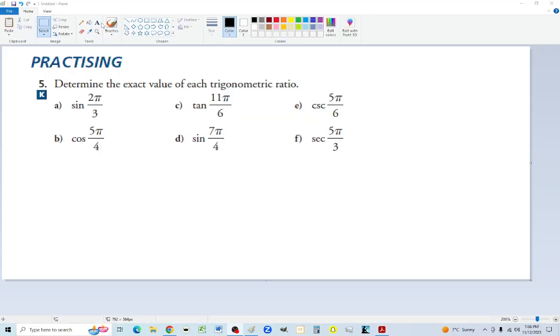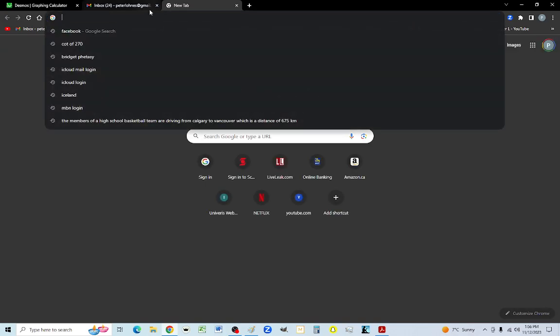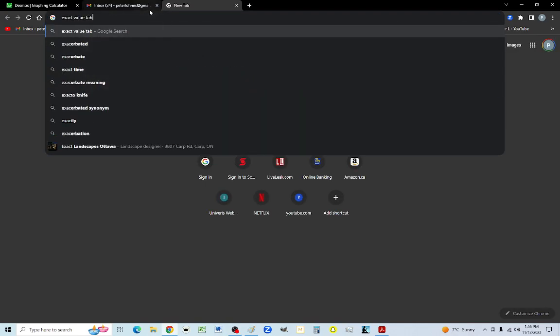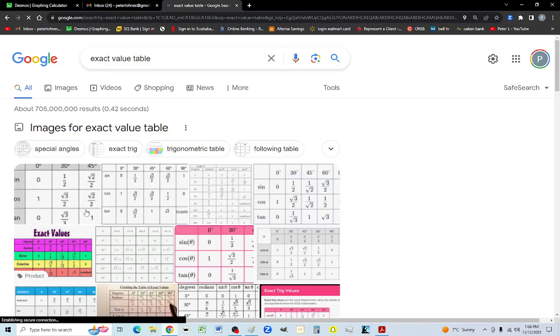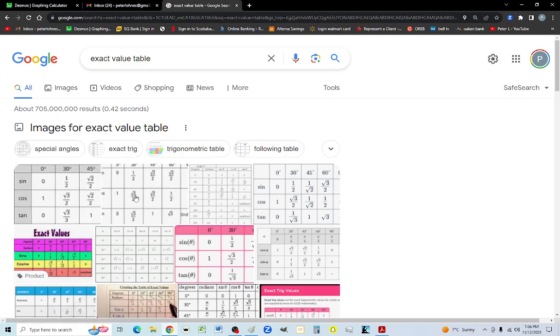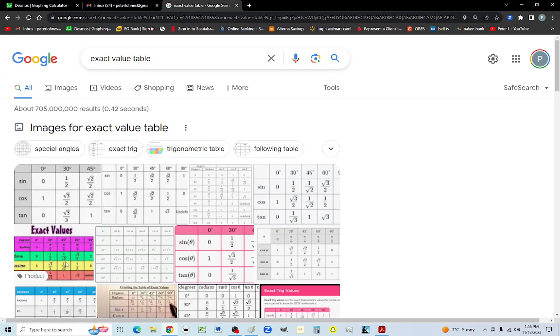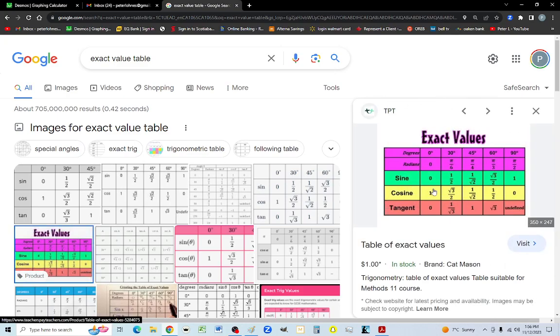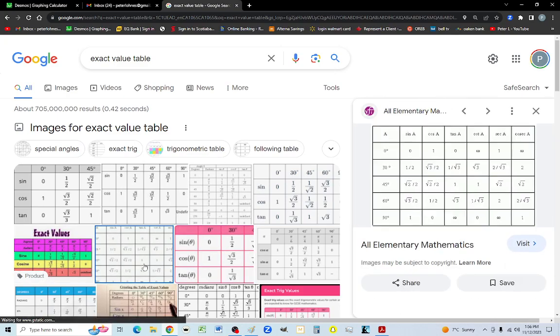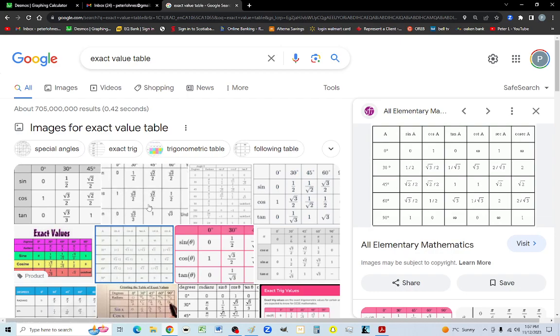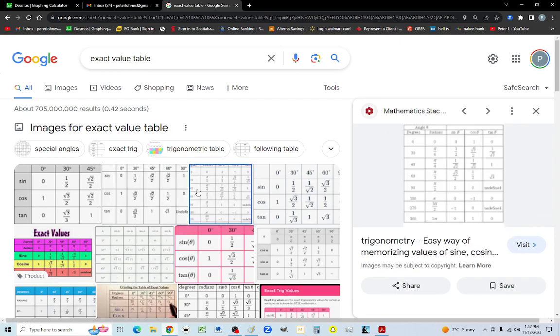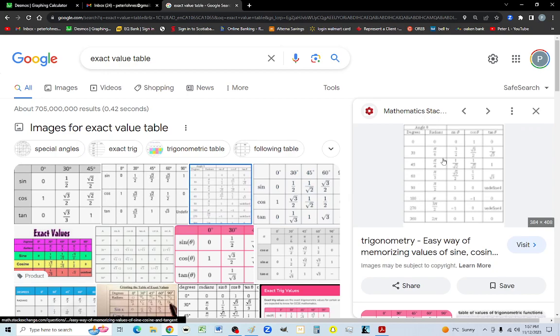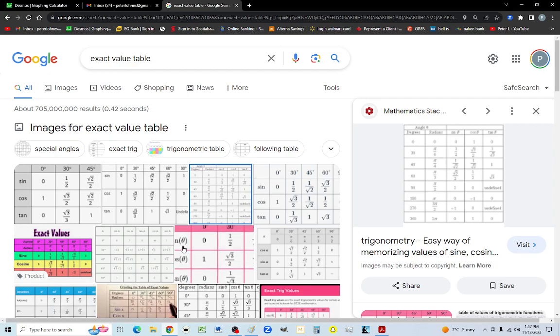As soon as you see the words exact values, it means you've got to pull up your special triangles, but I'm going to just use this value table because I'm going to assume you're pretty good at the triangles. Radians, degrees.